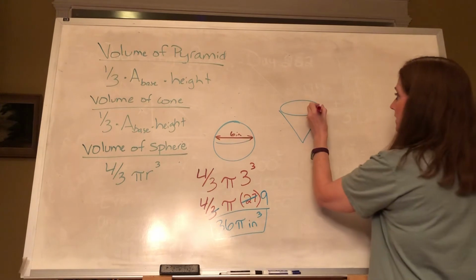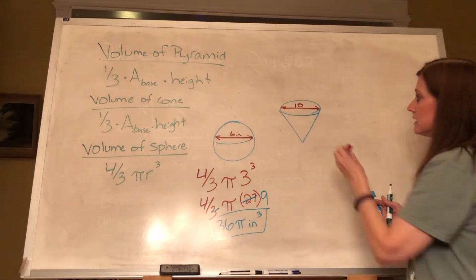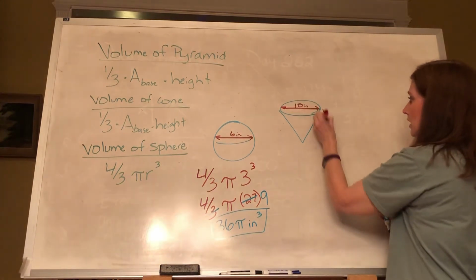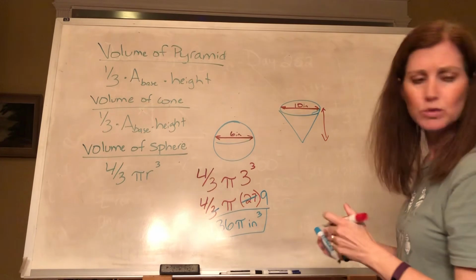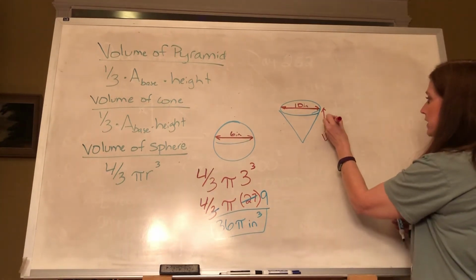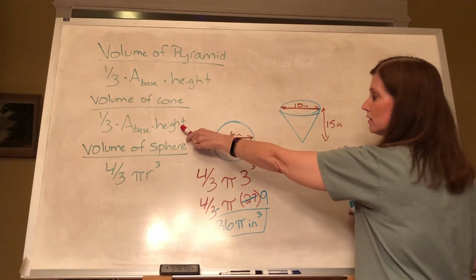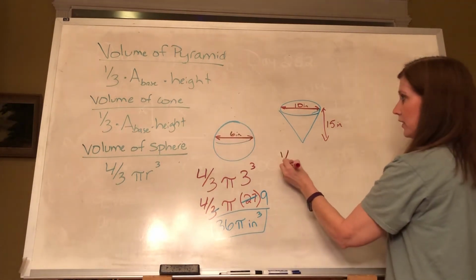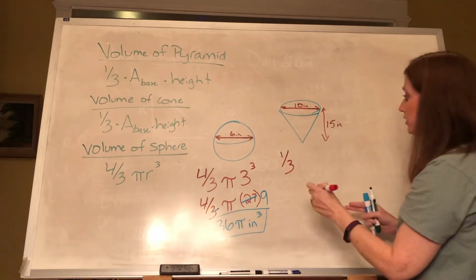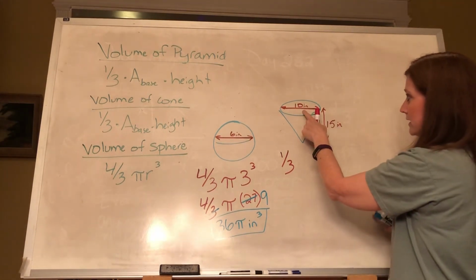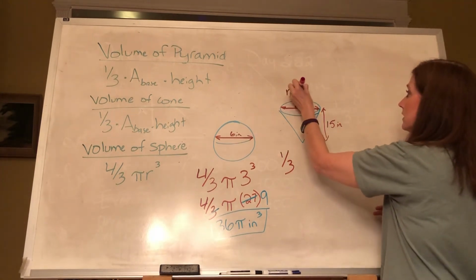We're going to say that the diameter of this cone is 10 inches, and the height of my cone is 15 inches. So we've got the 1/3. The area of the base, my base is going to be that circular shape. That 10 is our diameter, so our radius is 5.